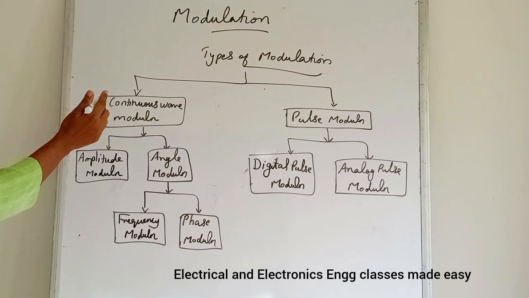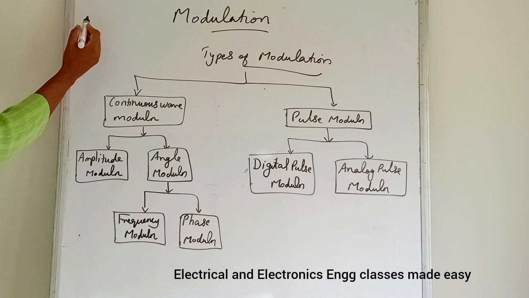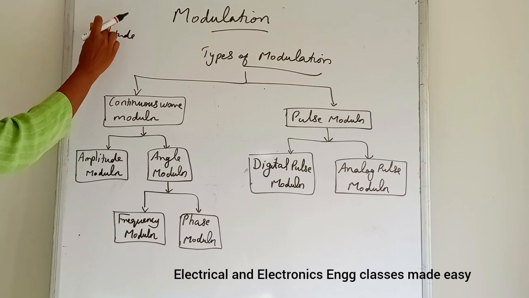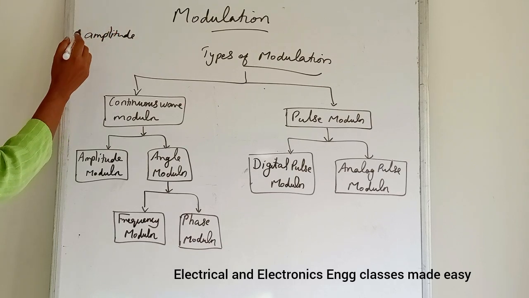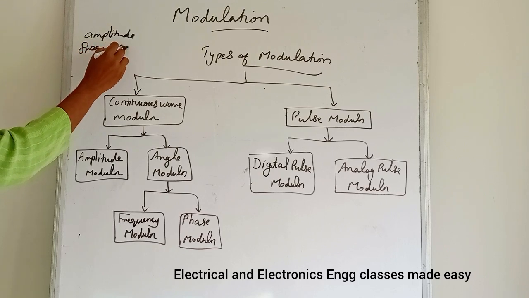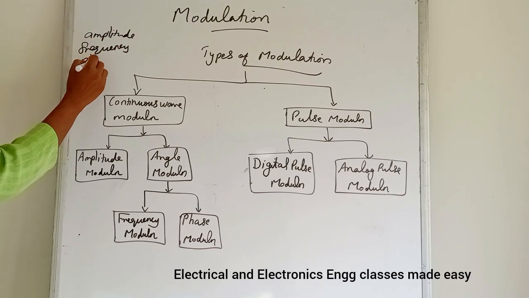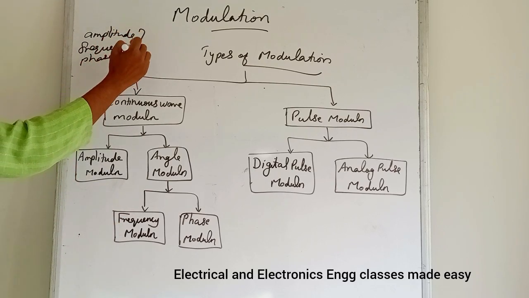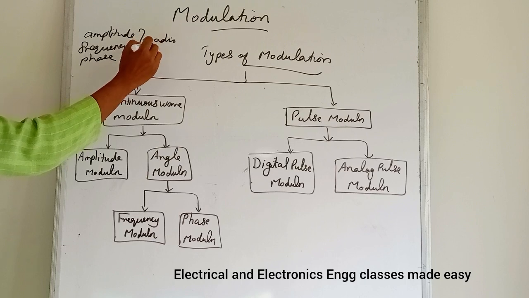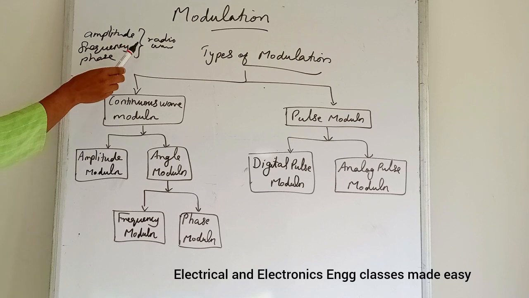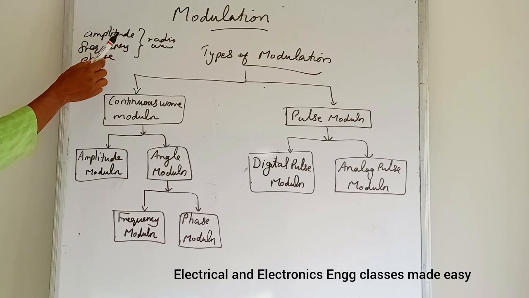Modulation is a method by which some parameters like amplitude, then frequency or phase of the radio wave are varied in accordance with the information to be transmitted.